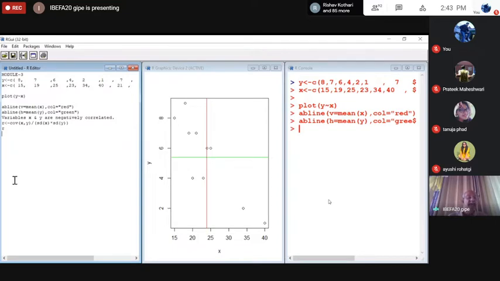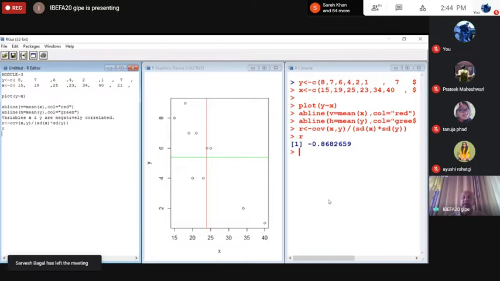Let us see how much is the answer I am getting here. -0.8682659. This means the sign tells about the negative correlation and the number tells about the degree of correlation, and 0.868 is very near to +1, or -0.868 is very near to -1.